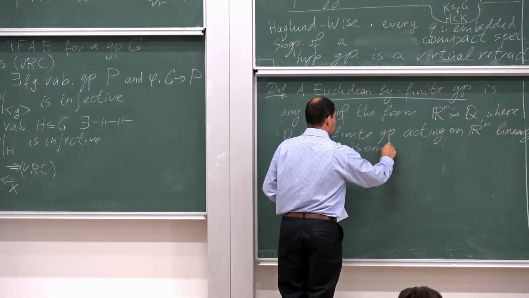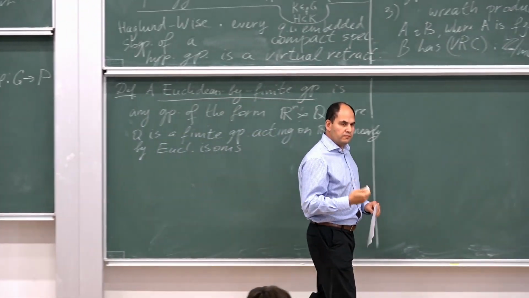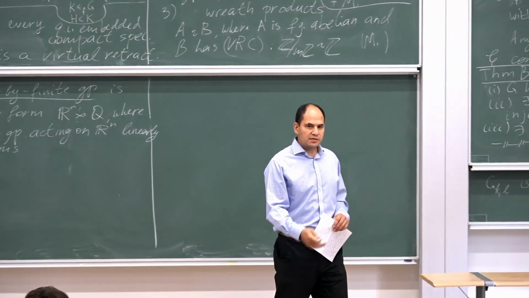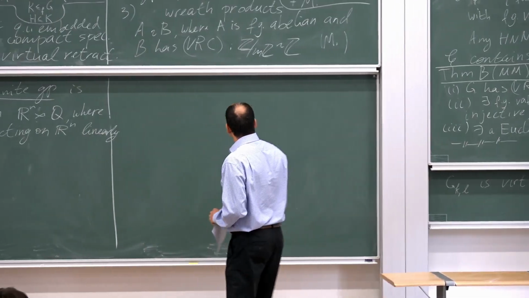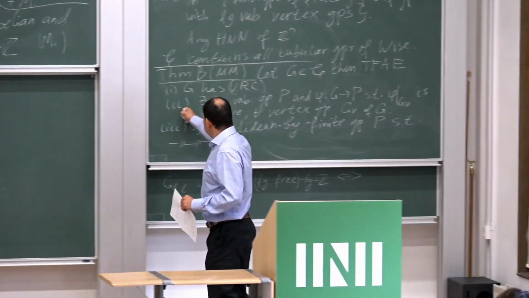Namely, you have a representation from Q to O(n). This is how it acts.